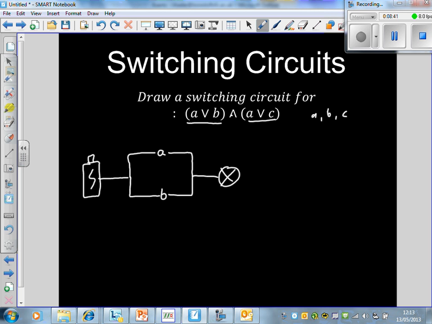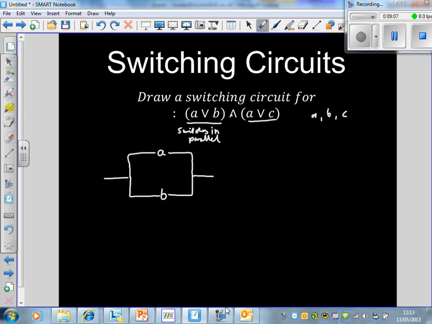Here's the battery, and if the power was going through these wires, imagine these were copper conducting wires. If A is on, the light bulb goes on, or if B is on, the light bulb goes on. So A or B represents switches in parallel. We're going to get rid of the lamp bulb and the battery pack.